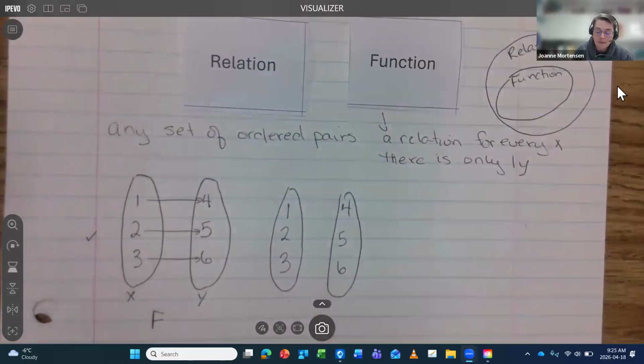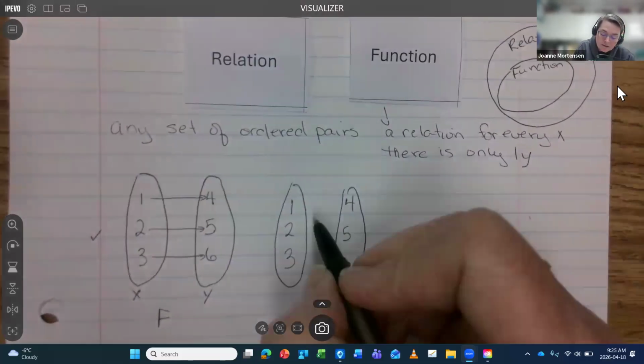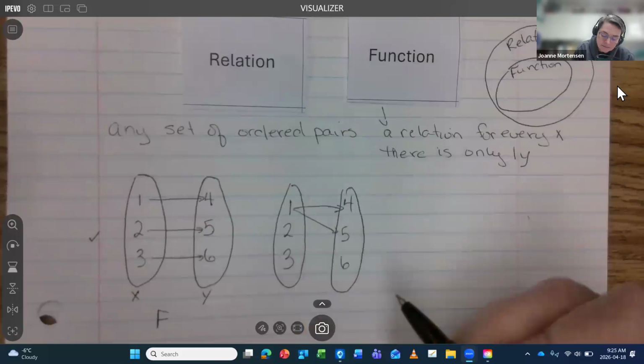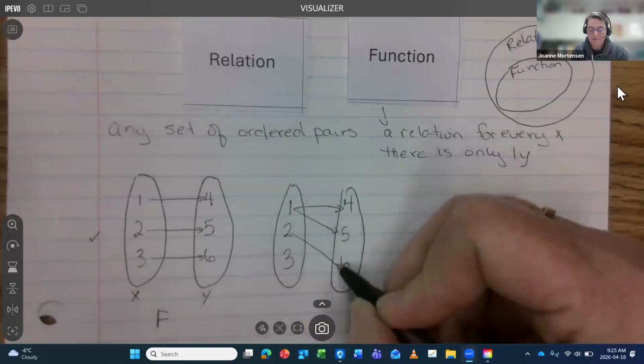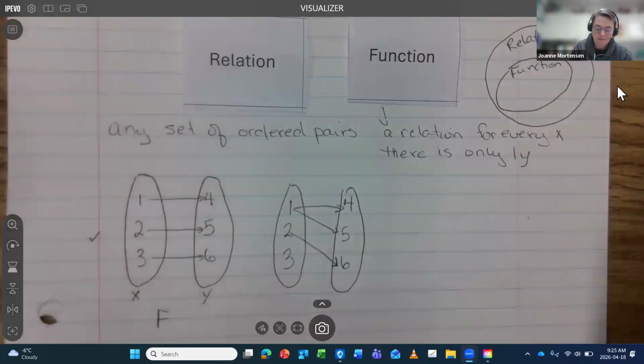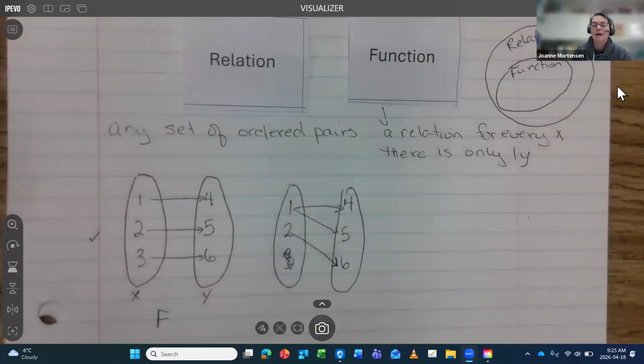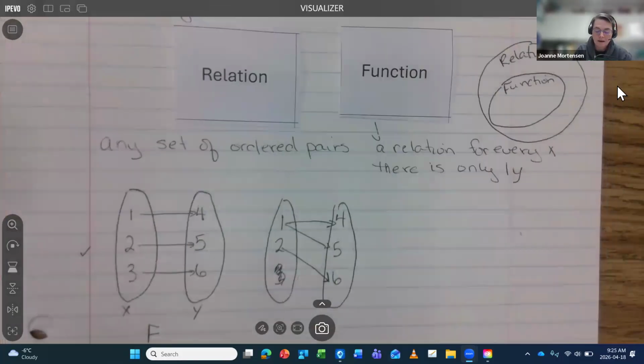Okay. So what if I do this? We're just going to pretend the 3 is not there. I don't need to make it more complicated.